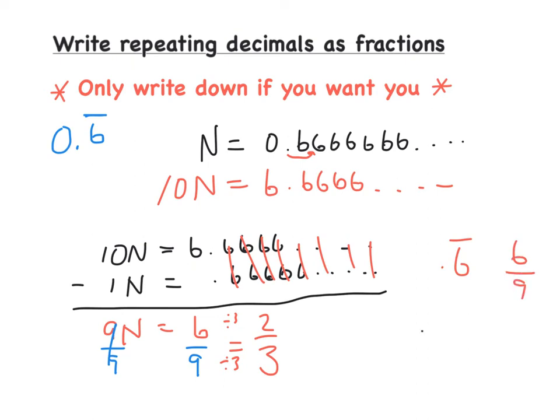If we have 0.23 repeating, it would be 23 over 99. Instead of 23 over 100 like we're used to, if it's repeating, it's 23 over 99 instead.